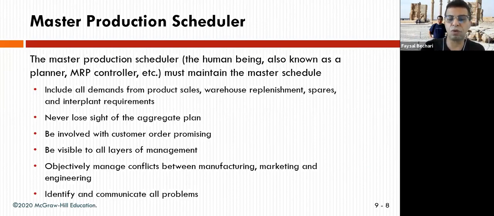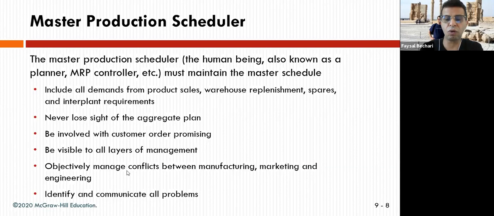It should be visible to all layers of management, so management can see where the production is, what the process of production is, and when this is happening. It also helps manage conflict between manufacturing, marketing, and engineering.